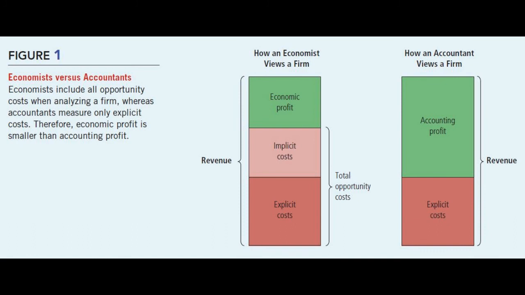What else could your financial capital, what else could you be doing, right? So economists take into account both implicit and explicit costs, and this leads to an understanding of economic profit that's a little smaller than accounting profit, right?